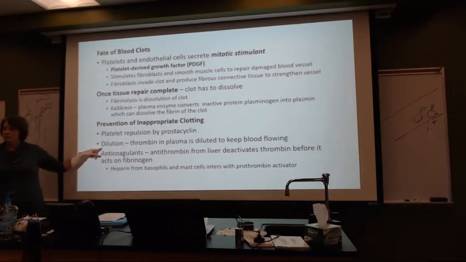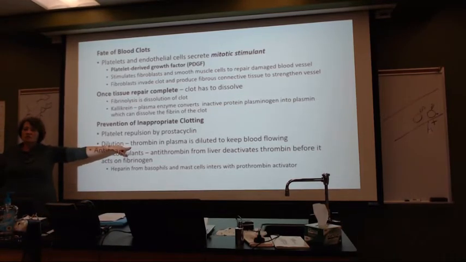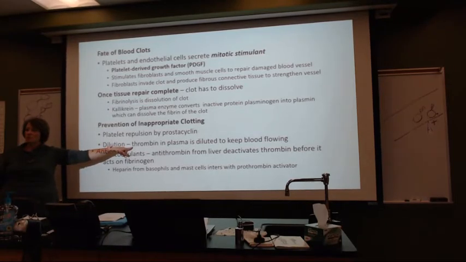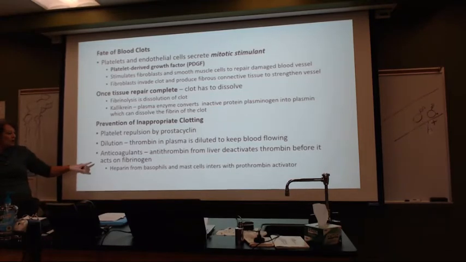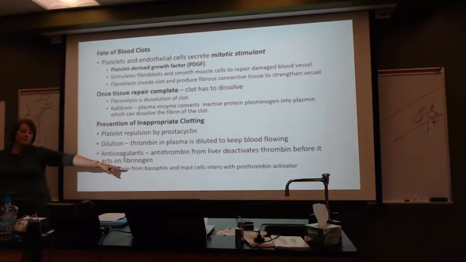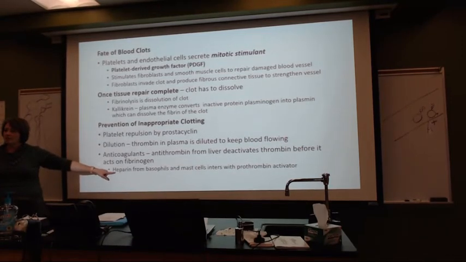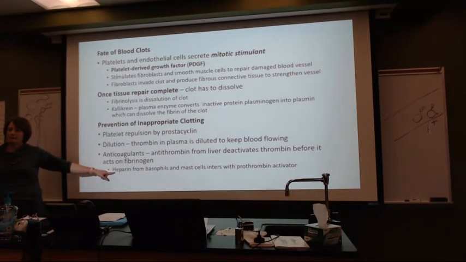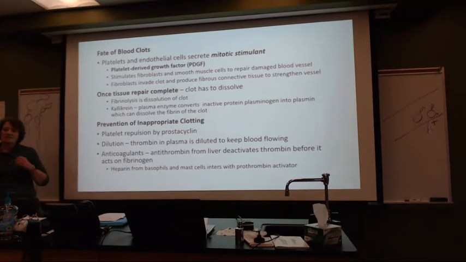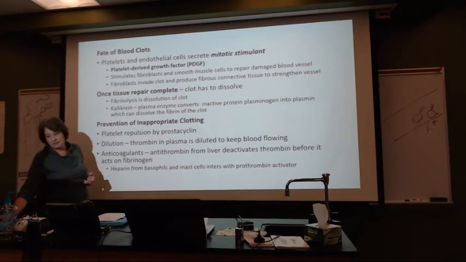We're also able to dilute thrombin in the blood, which activates the fibrinogen. We also have heparin from the basophils, which is an anticoagulant. So this is how the body goes about stopping clotting from occurring at inappropriate times.